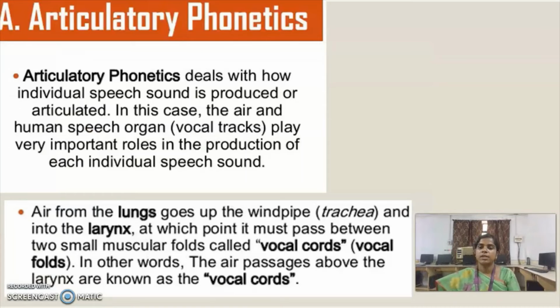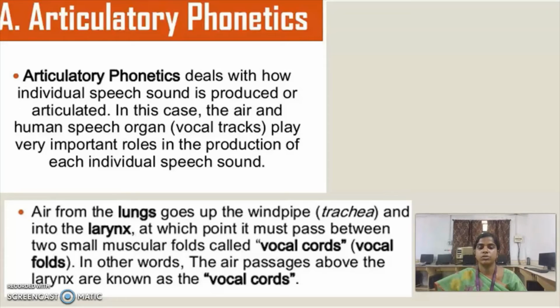So when we talk about articulatory phonetics, we are concerned with the different parts of the speech production system, or the mechanism of speech production. We see that the origin of speech is the air from the lungs.